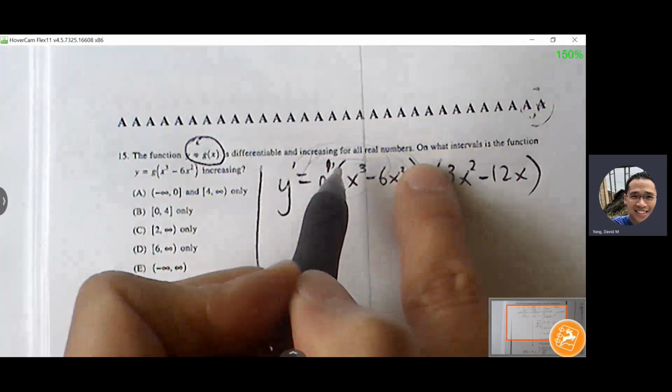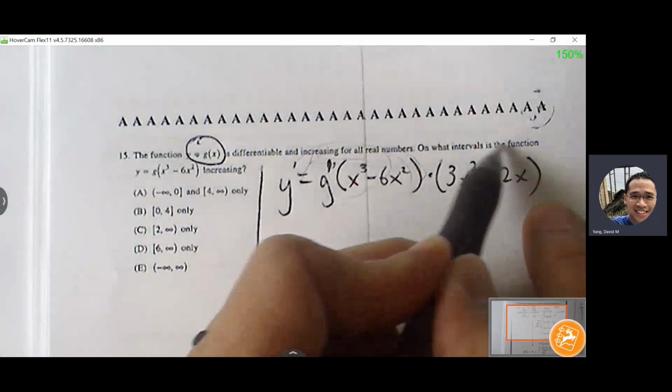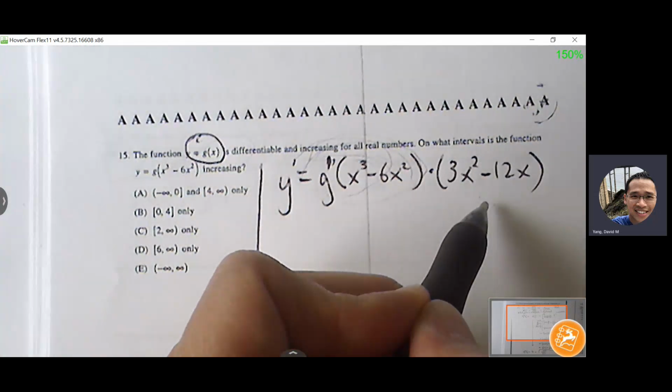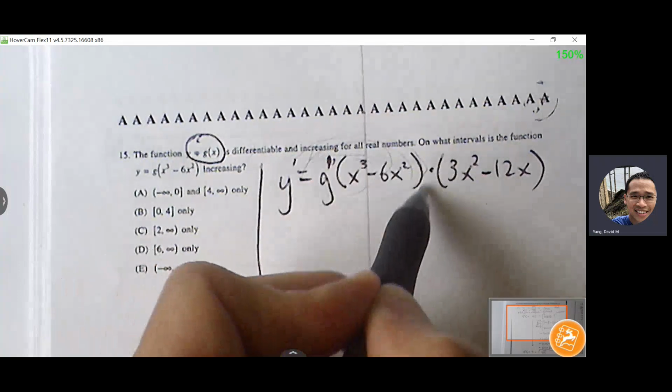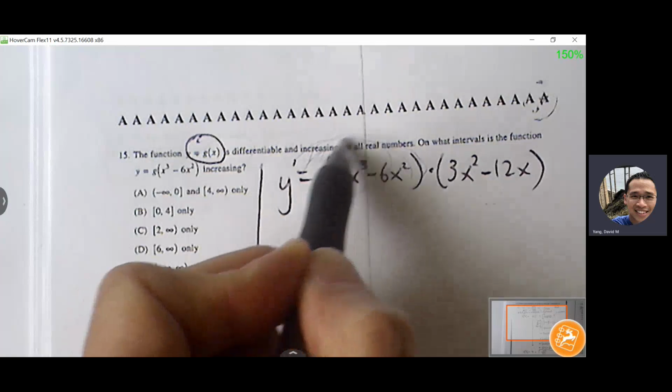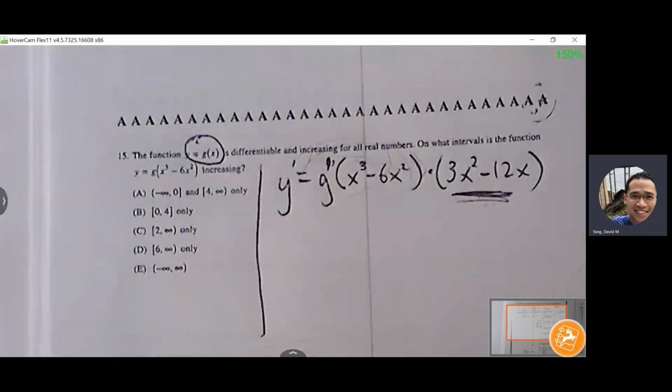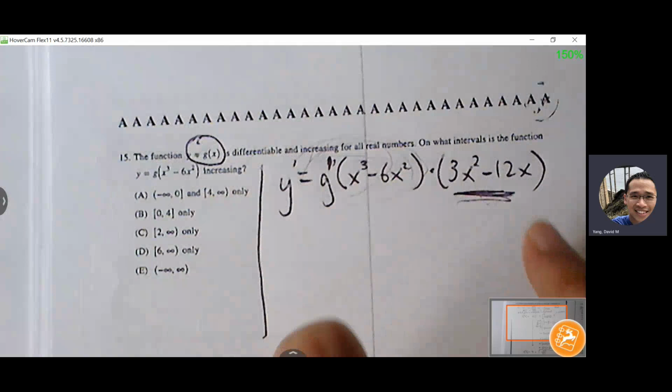So I know that this piece is positive, but this piece may impact g prime getting pushed up or down in terms of the slope. So we know this portion is positive, but we just have to focus on this part. That's going to give us some critical points. So I'm just going to set this equal to 0.